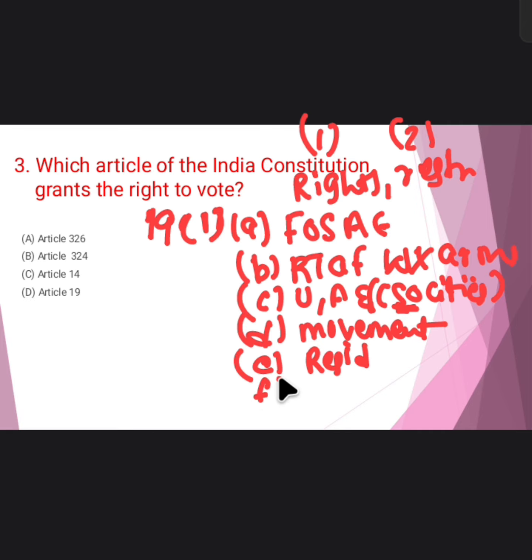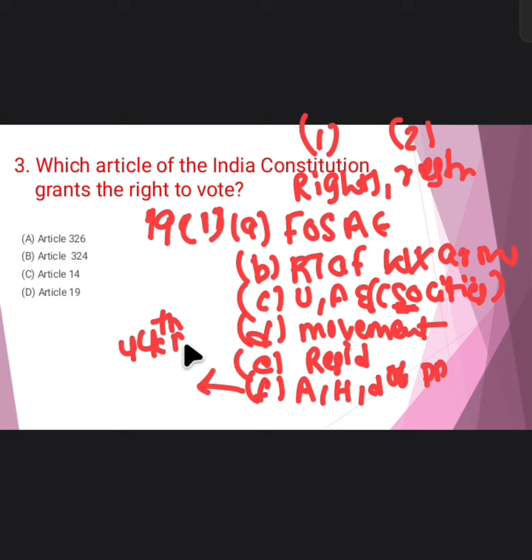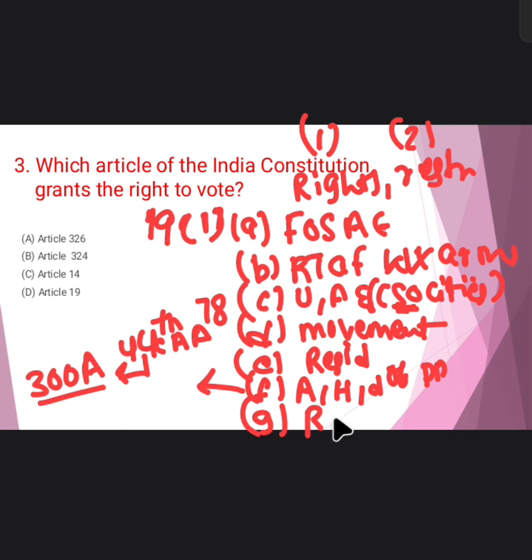And Subclause F talks about the right to acquire, hold and dispose of personal property, which was deleted as a fundamental right through the 44th Constitutional Amendment Act 1978 and inserted into Article 300A of the Constitution of India. And Subclause G is the right to profession.